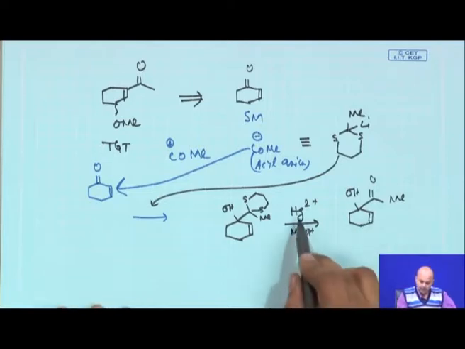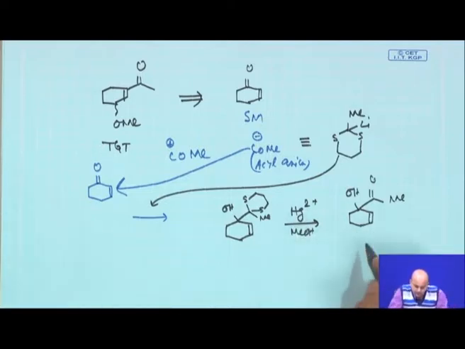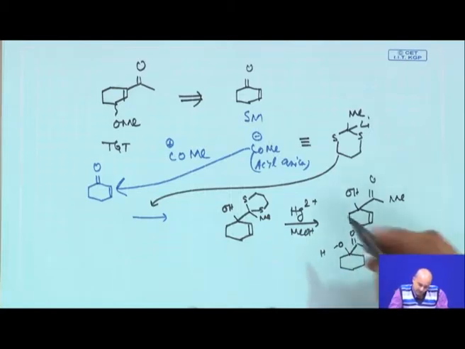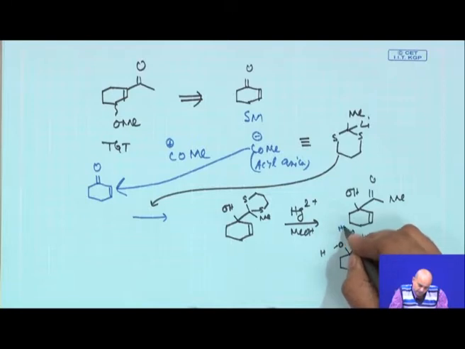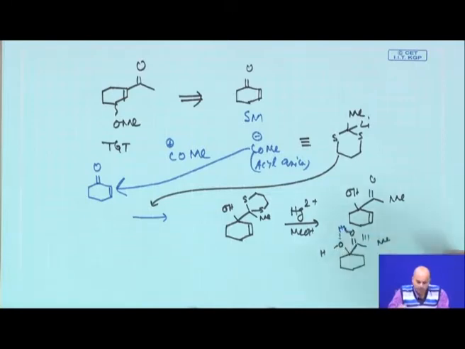And as mercury was still there, this starting material seemed to have an intermediate which basically chelates with this mercury through this alcohol oxygen as well as this carbonyl oxygen.